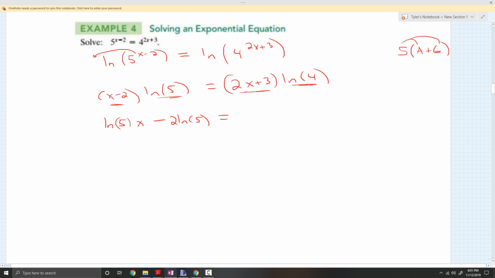This is especially where you're going to want to be really careful with the notation in terms of closing our parentheses, so we really clearly understand exactly what we're doing. And then on the right hand side, we would have 2 times the natural log of 4 times x plus 3 times the natural log of 4.